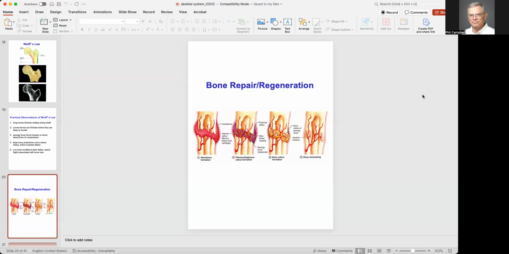And then various signals come from that hematoma that are going to attract fibrocartilage cells and blood vessels, and we will get the first callus, which is called the fibrocartilage callus. This ultimately gets remodeled and replaced by a bony callus, and at this point, about 6 weeks out, your bone is essentially repaired and on the way to being regenerated, because remember, the bone is constantly being remodeled.